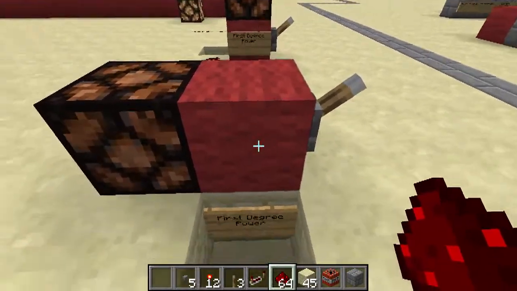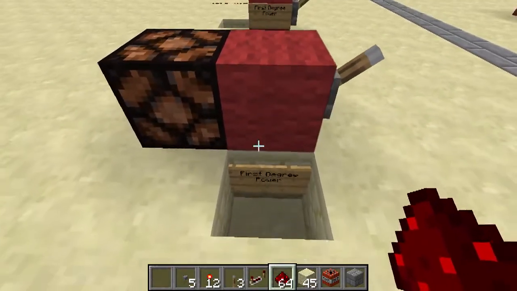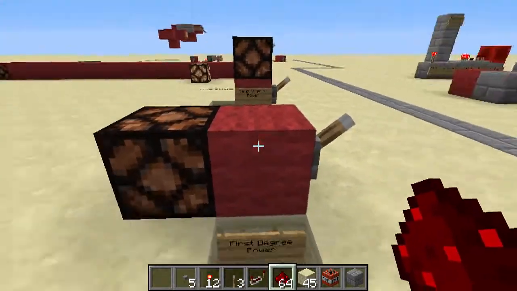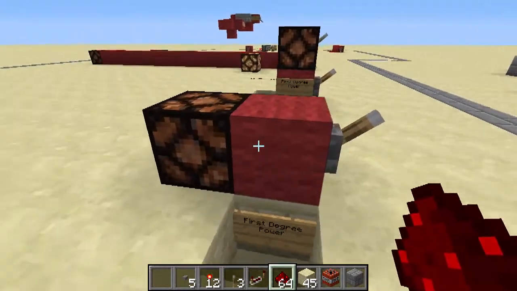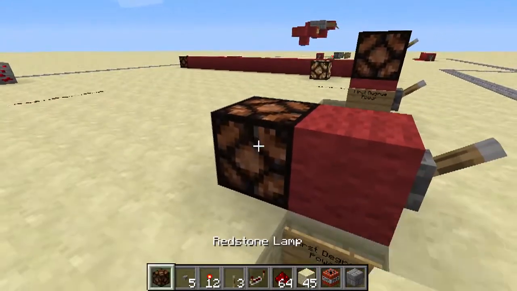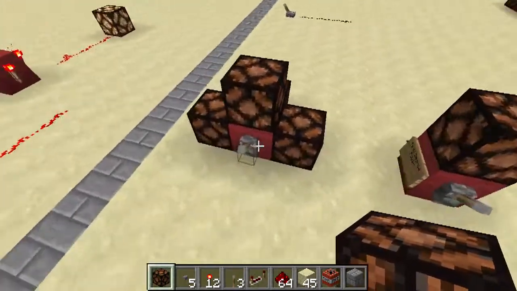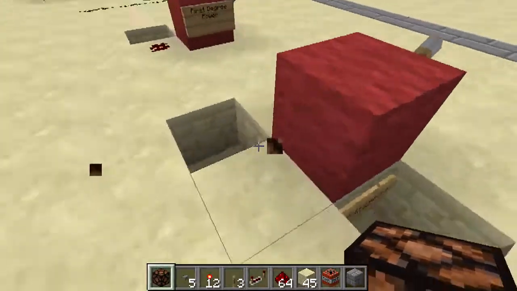This block right here, the energized block, is receiving first degree power, and first degree power means that there is energy in this block and it is ready to give it out to any outputs which are on any blocks which can face this. So what I mean by that is right here, here, even behind it, but there is a lever there, and even right below it, which we will look at in a minute.